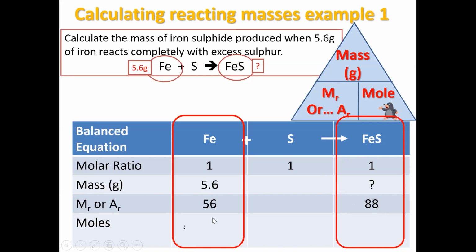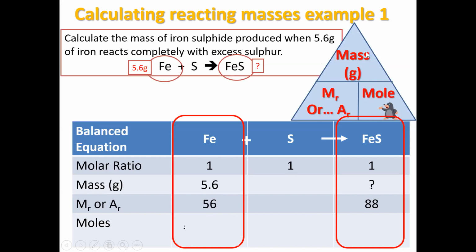Now, what you do now is you use this data to work out the number of moles. Now, you've got your mass, Mr, mole formula triangle there. So you know that from looking at this, this is what you're trying to work out in this first instance. You're trying to work out moles. So to work out moles, you would do mass divided by relative formula mass, Mr. Because you're trying to find out moles, you would cover up moles.